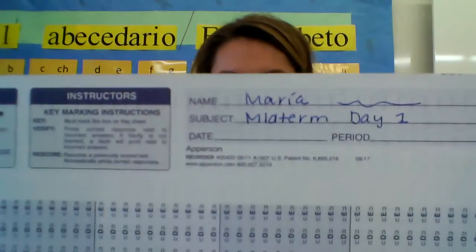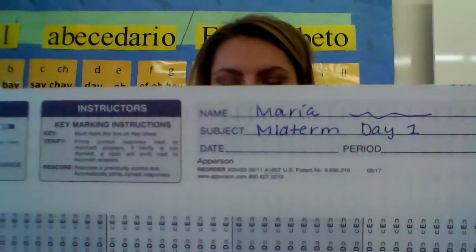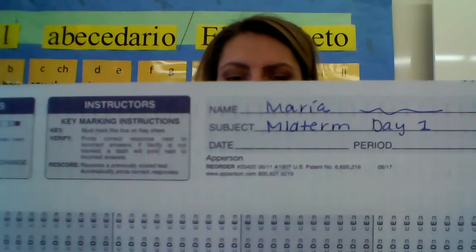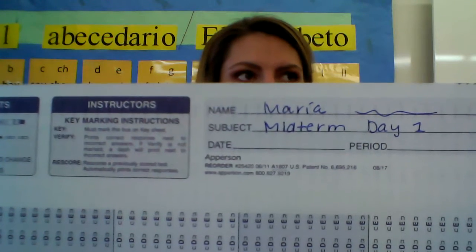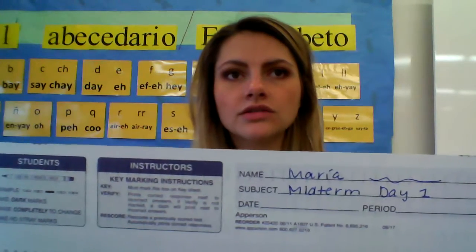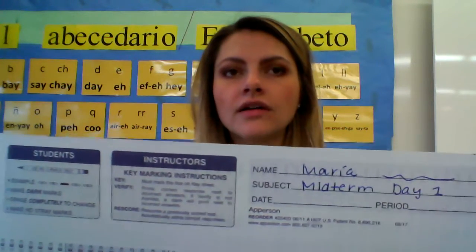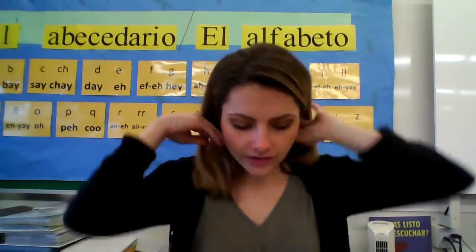So just like it is there, midterm day one. The date is not important, so skip the date. The hour, you're either writing 1, 2, 3, 4, 5, 6, or 7. Okay, once you have that filled in, we'll go over the packet.